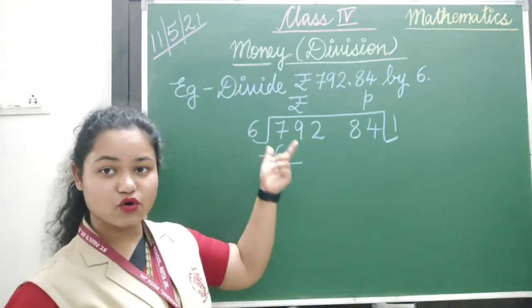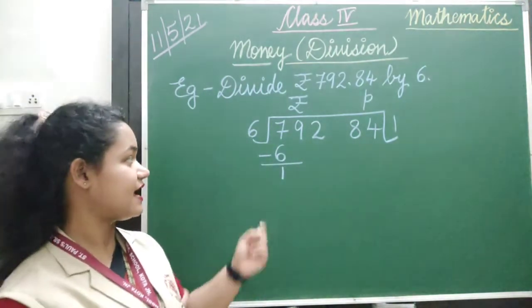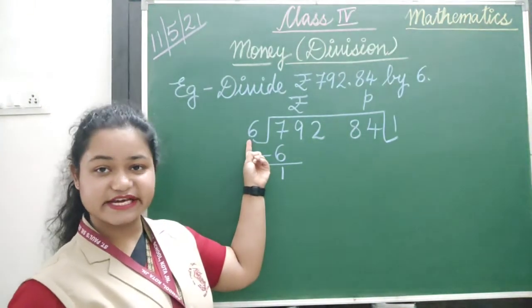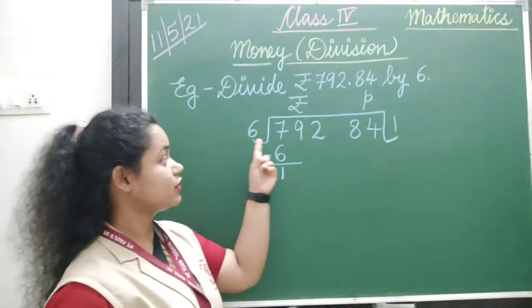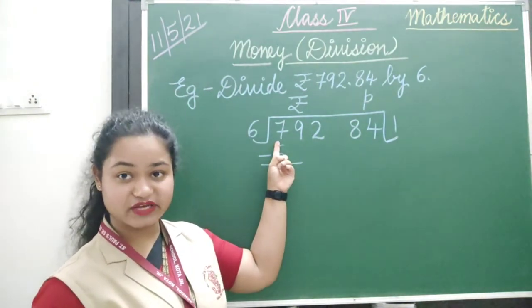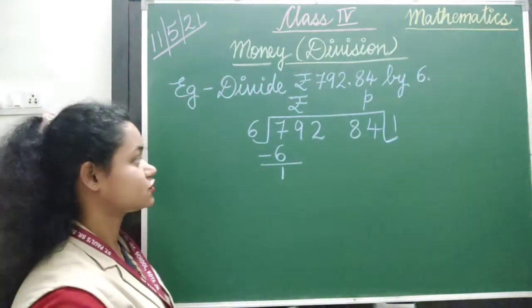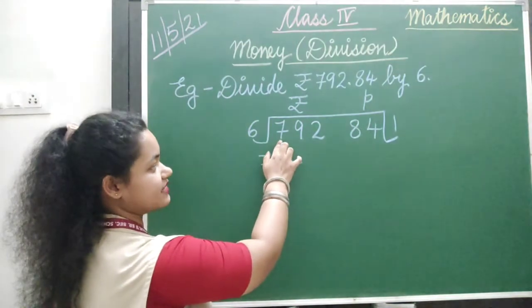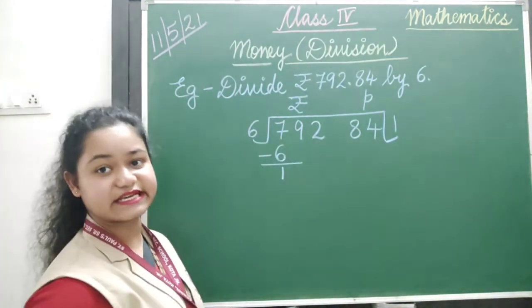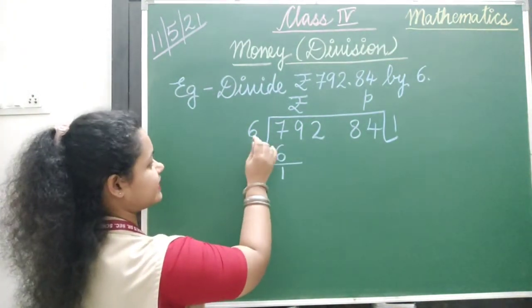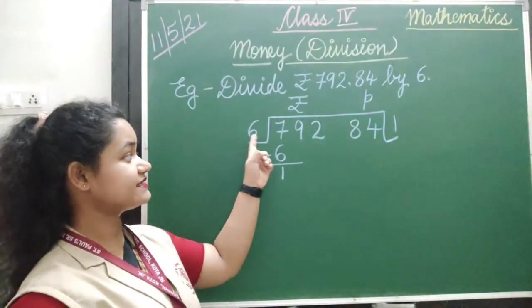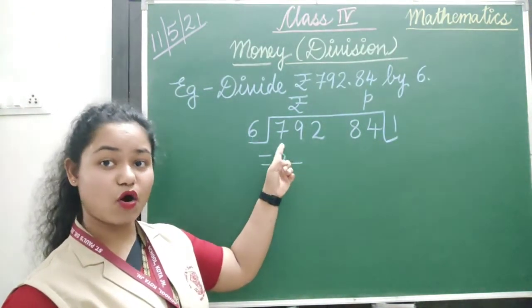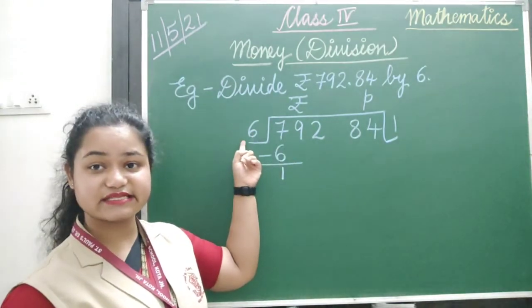So in this question, I have a 1-digit divisor. Only 1 digit, so I am going to see only 1 digit inside also. This number is 7 and my divisor is 6. So 6 is less than 7, or I can say 7 is greater than 6.